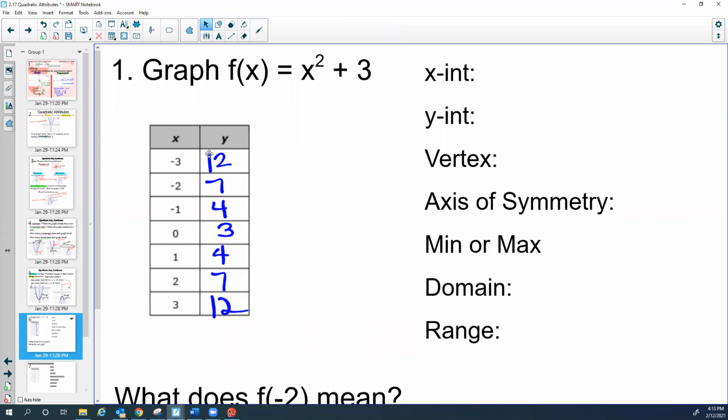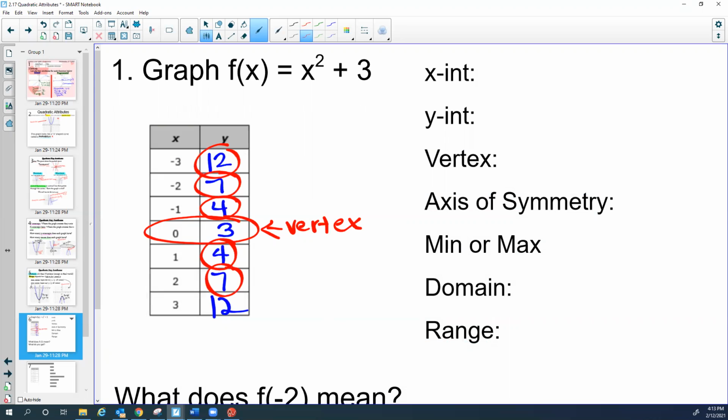Now, what I was just talking about is that this right here is the vertex, because all these y values are repeating behind it, around it. That is how you know from a table where your vertex is.